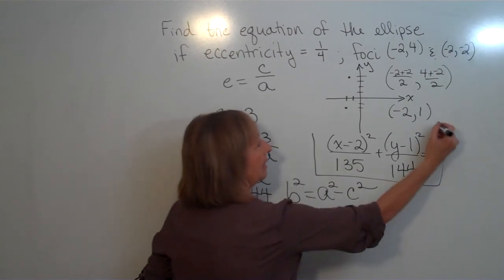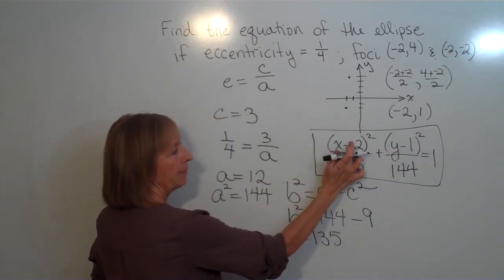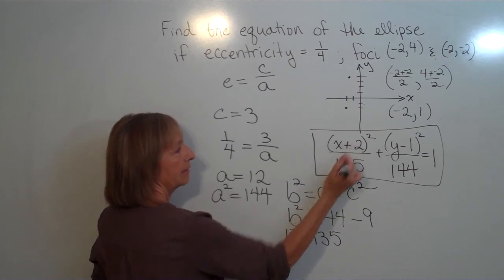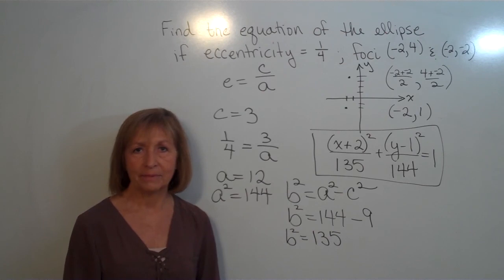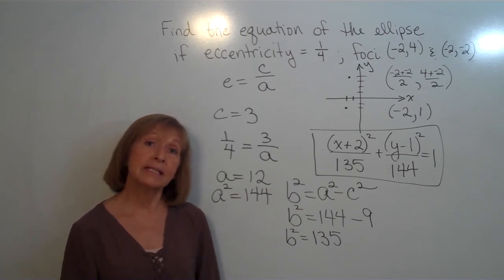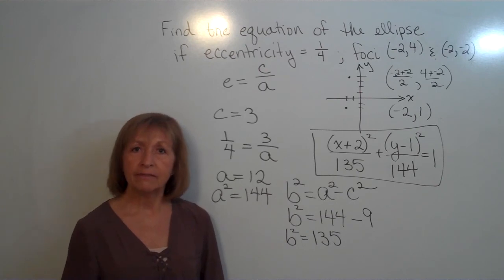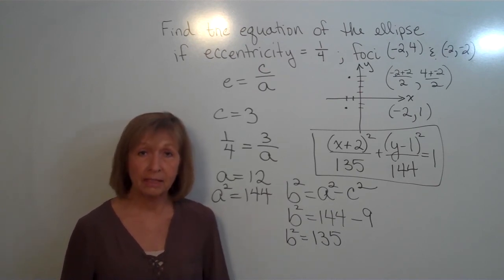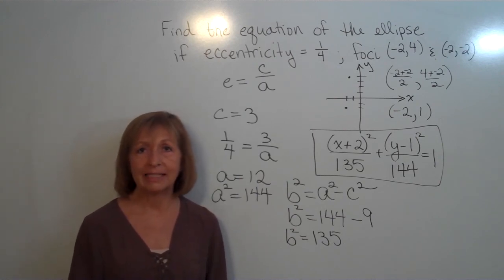And that gives me my equation of an ellipse. I'll simplify, minus a negative is a plus, but then we have our equation of our ellipse. So hopefully those 3 examples gave you a stronger foundation that if you're given the equation, you can get the information about the ellipse, or if you're given the information about the ellipse, you can get the equation.